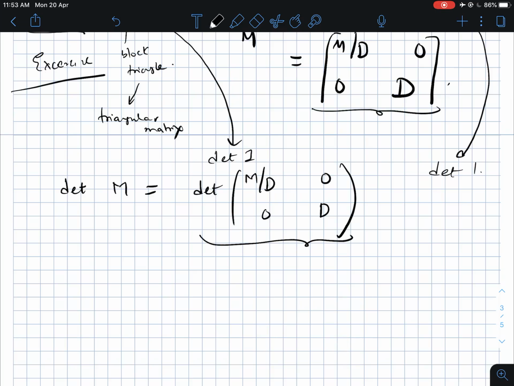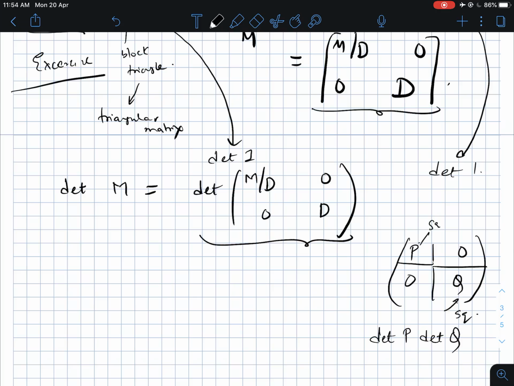When you have a block diagonal matrix, any block diagonal matrix for that matter, P 0 0 Q, so long as P and Q are square matrices, which is the setting we assume anyway for Schur complements, then the determinant of this overall block matrix is just going to be determinant of P times determinant of Q.